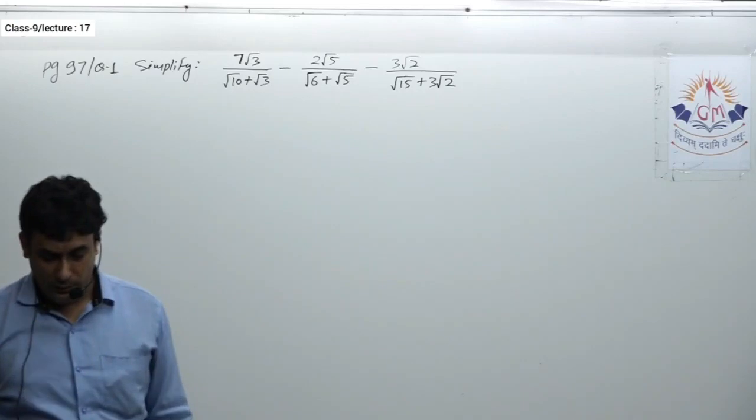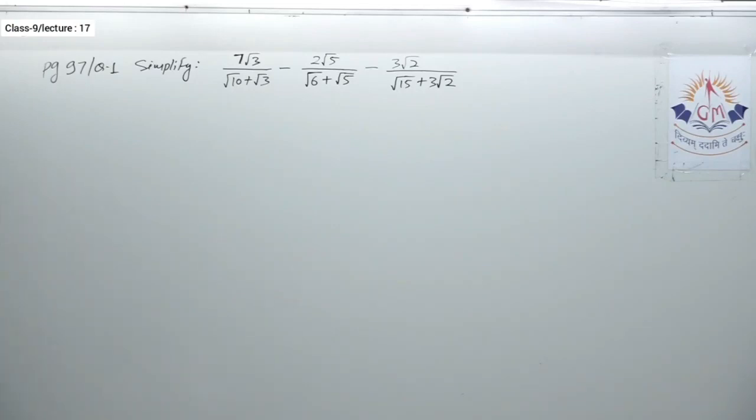Okay, so we have to simplify this: 7 root 3 upon root 10 plus root 3.